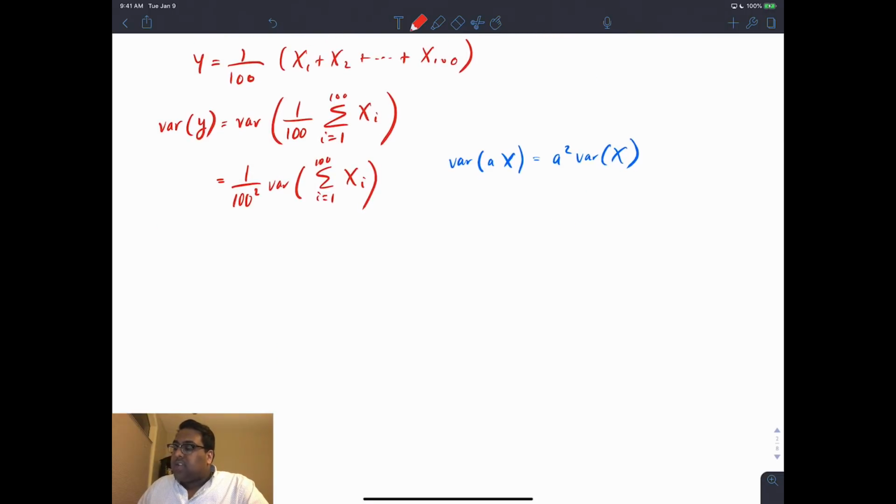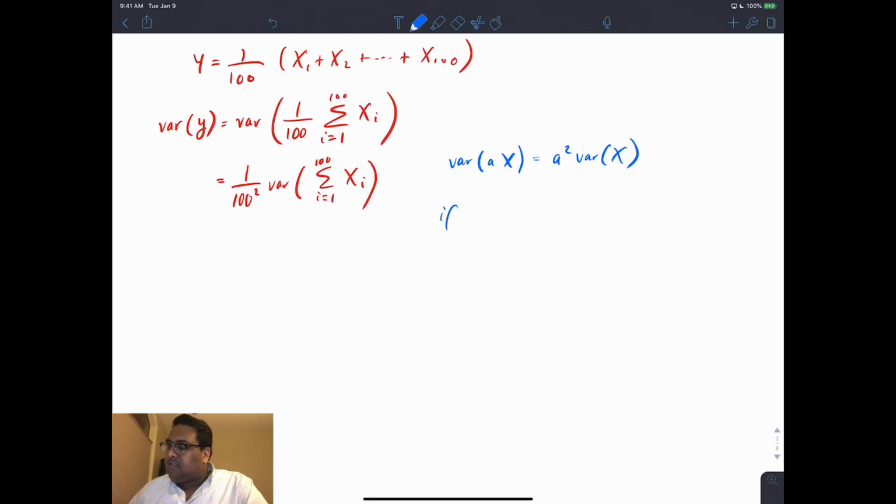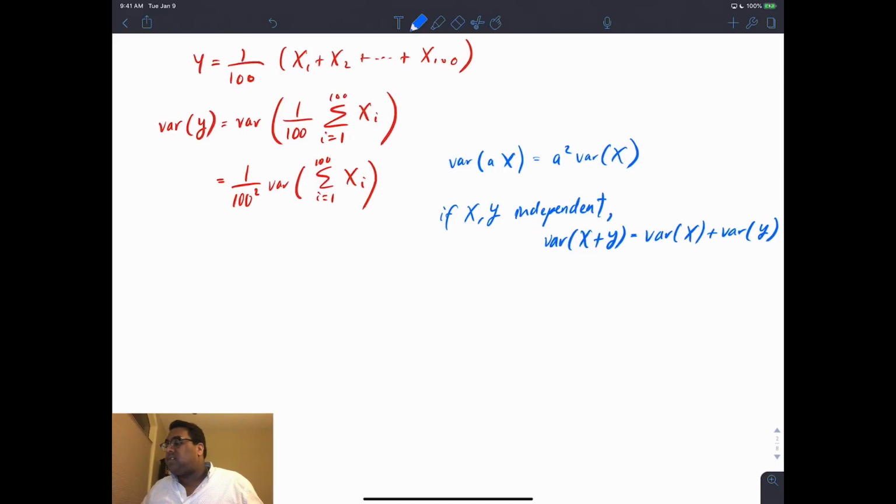Now the next rule we'll use is that if x and y are independent, then the variance of their sum is the sum of their variances. This is not an if and only if. For it to be an if and only if, we would have to say uncorrelated instead of independent, but we won't get into that now.